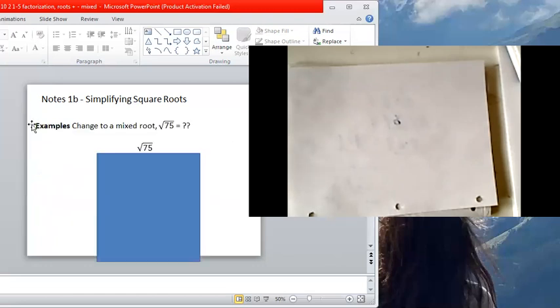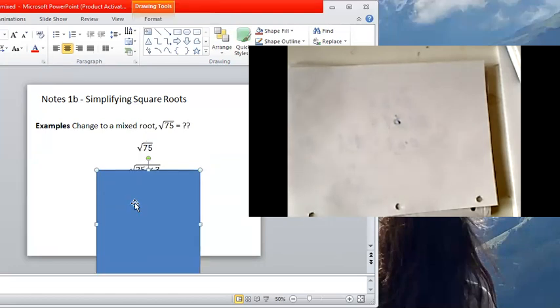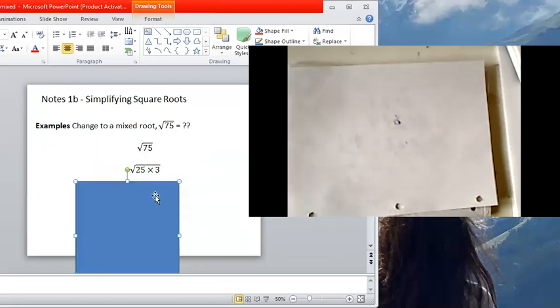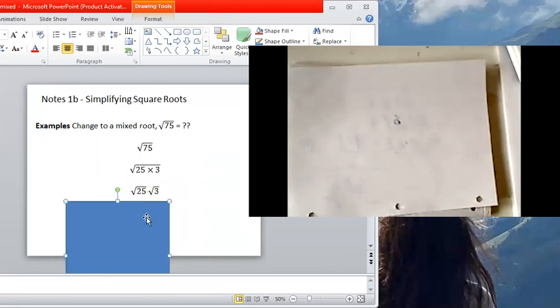First one here, we've got to change root 75 to a mixed root. How does that look? Well, first thing I remember, 75 is the same as 25 times 3. And I happen to choose 25 because I know 25 is a square number. Separate them, because they're square roots and we're allowed.